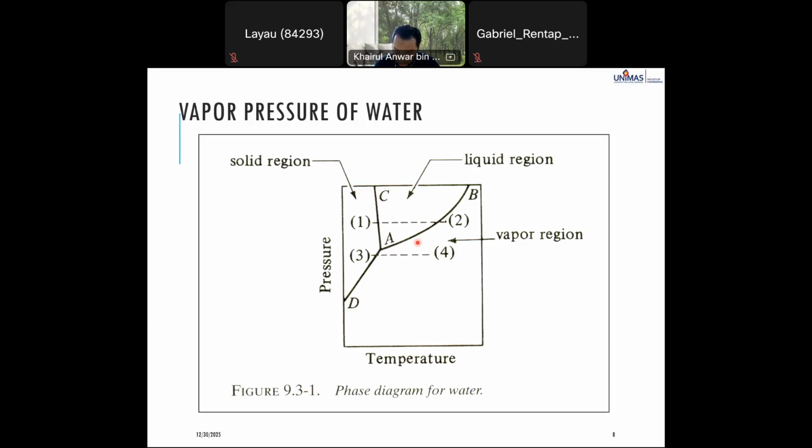At 65.6 degrees C, from the steam table in Appendix A2, the vapor pressure of water is only 25.7 kilopascal. So at 25 kilopascal total pressure, the water will boil.